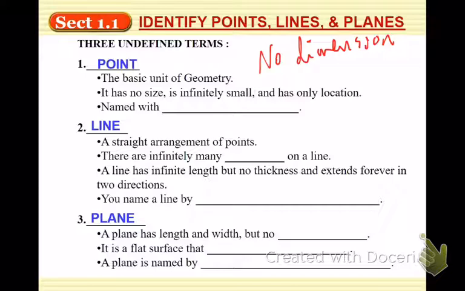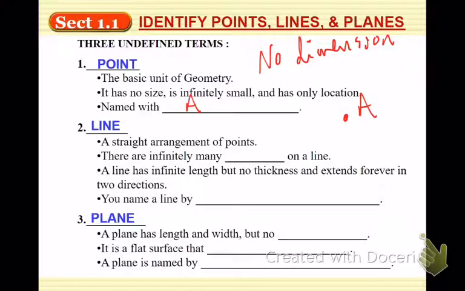It looks something like this, where we'd have a point, and then we'd have some capital block letter next to it. As a matter of fact, that's exactly how we would name it. We would name this guy point A. That's it. Just write down A. Okay? Like I said, we use it to show location.